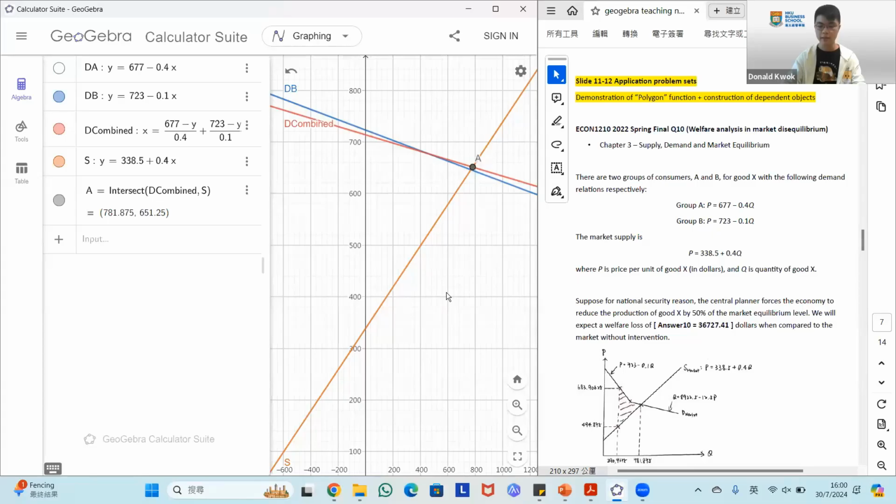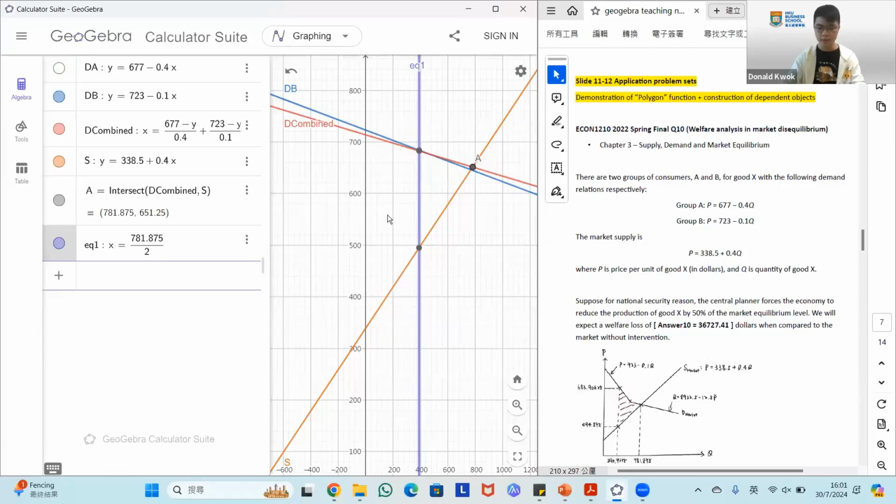How can we reflect the reduction in output by half in GeoGebra? We can do this by typing x equals x bracket A divided by 2, where the right-hand side would be half of the market equilibrium quantity. This is the new quantity after the reduction in output.